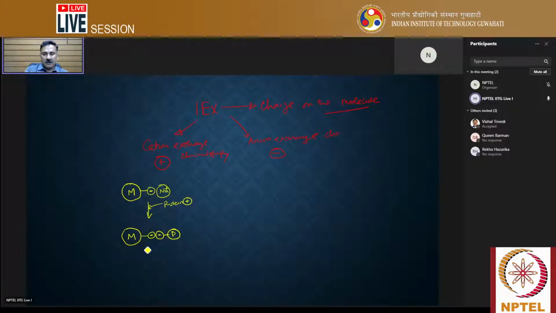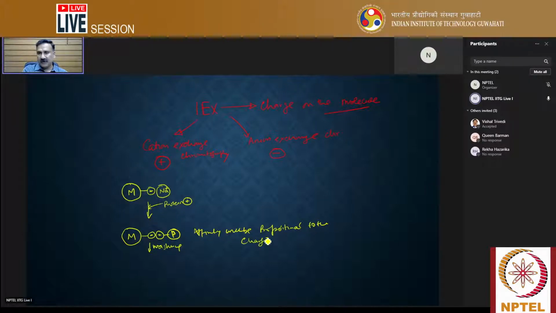Now if you do a washing, what will happen? The protein is going to bind this matrix, and this affinity will be proportional to the charge.